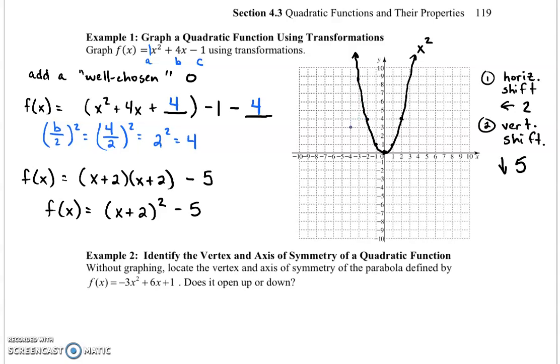So every point we move 2 left and down 5. So 2 left, down 5, 2 left, down 5, 2 left, down 5, and then we can use symmetry.